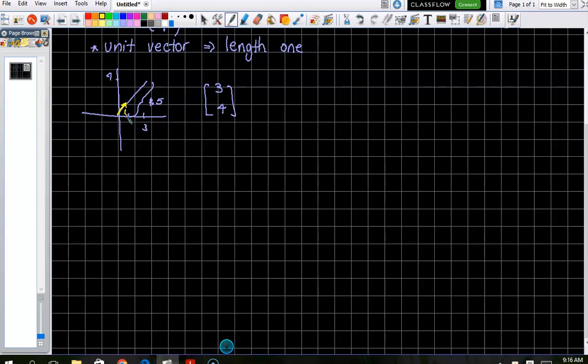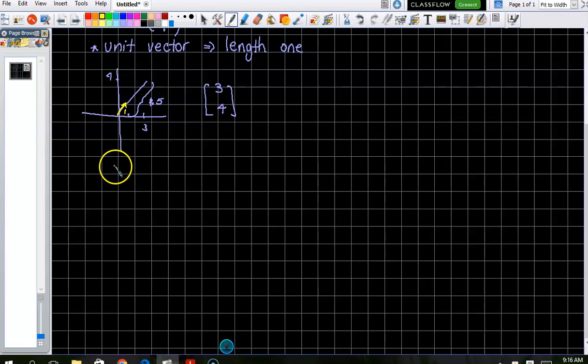So how do we find a vector in the same direction, but with length 1? Do you remember? Yep. You divide it by the length, basically, right?